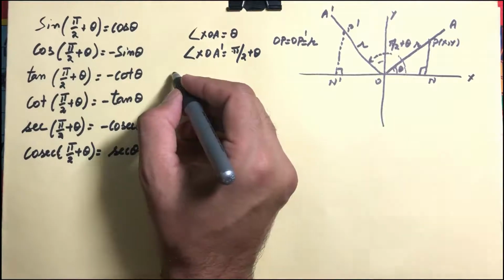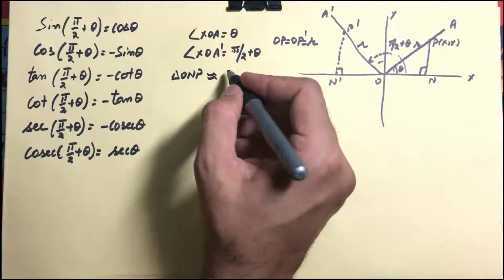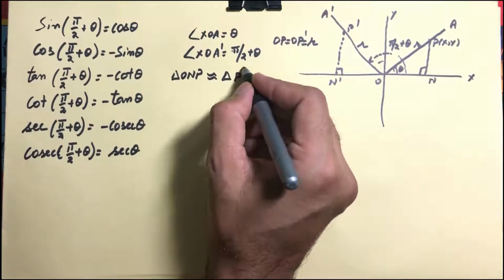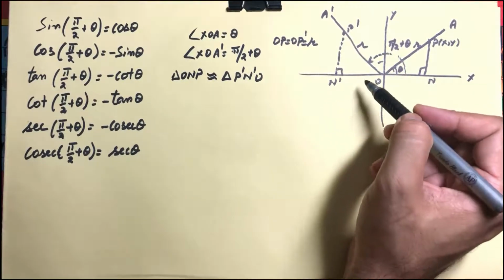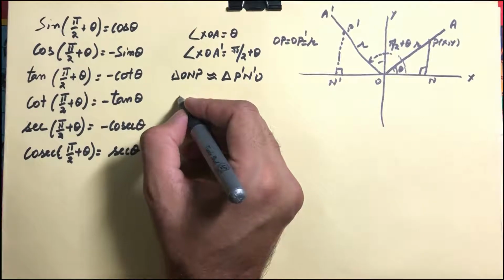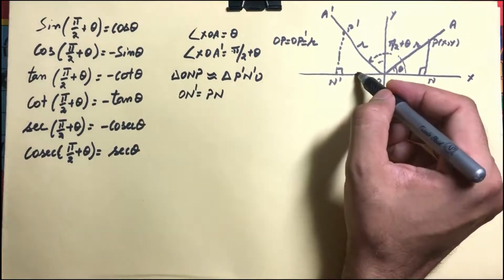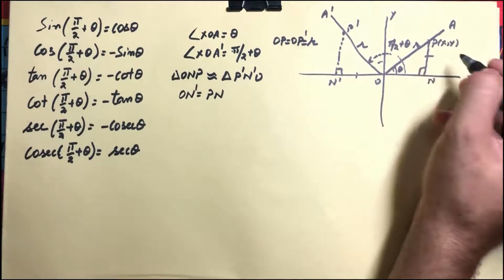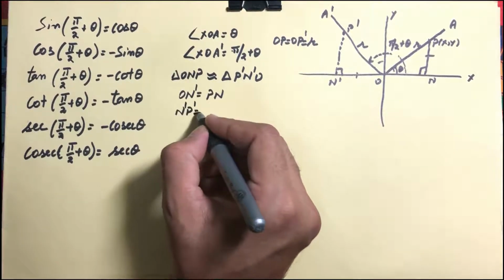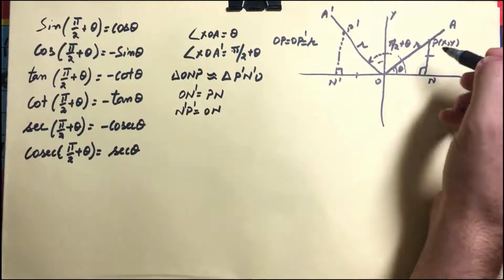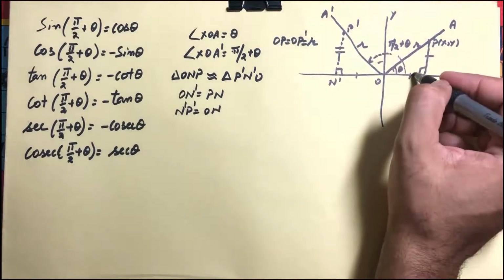Now as triangle ONP is similar to triangle P dash N dash O, the sides ON dash is equal to PN. And what about N dash P dash? N dash P dash is equal to ON.